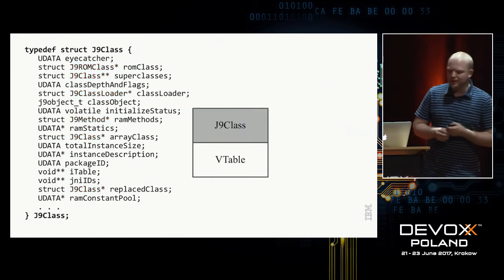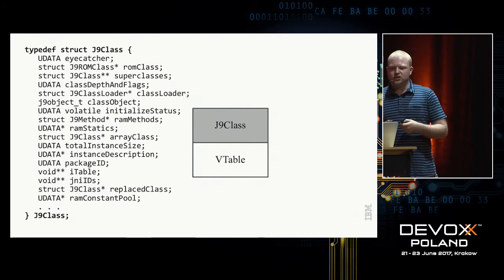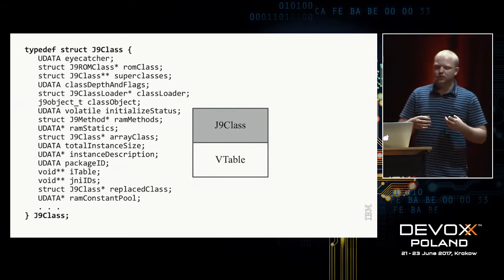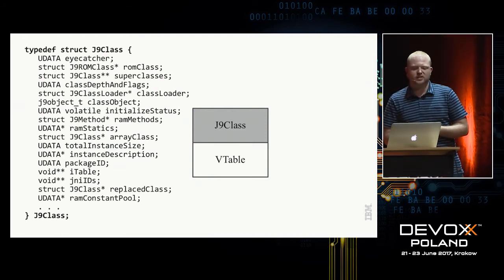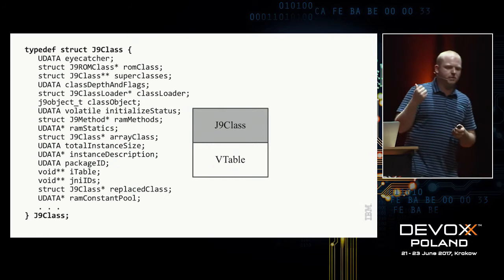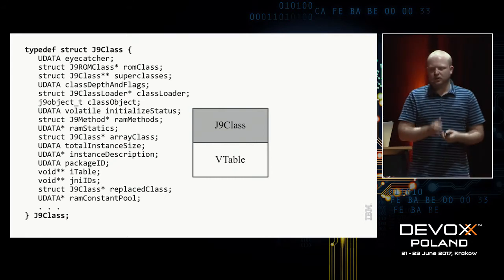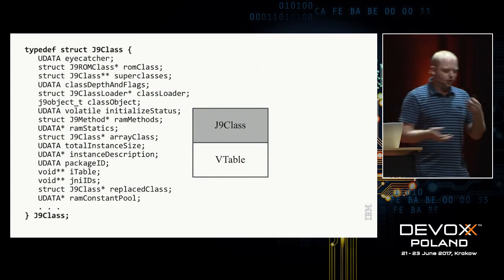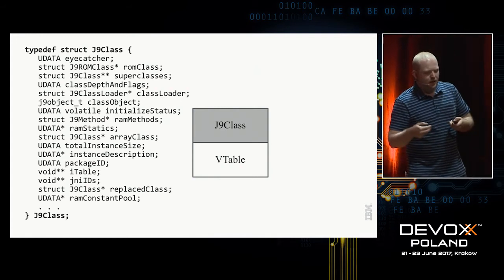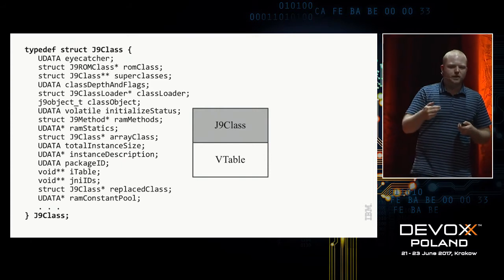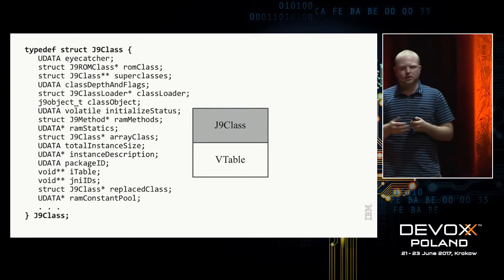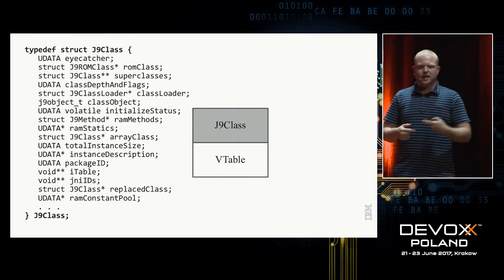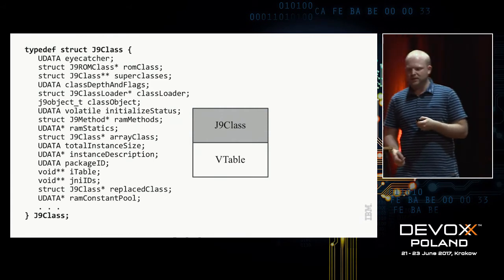But like the ROM classes, the RAM classes also have variable-sized data that has been moved out to make the RAM class fixed size. Specifically, we moved the virtual method table directly after the J9 class. The idea is that when you resolve a virtual method, it becomes an index into this table, and then you can use that index in this class or a subclass, and it might resolve to different methods in the end.